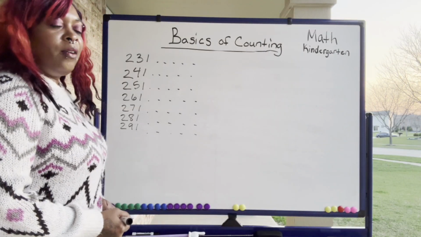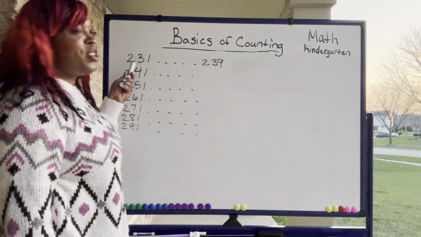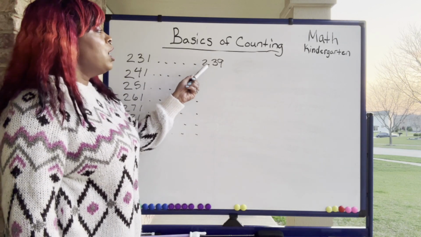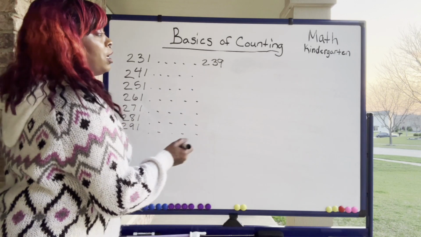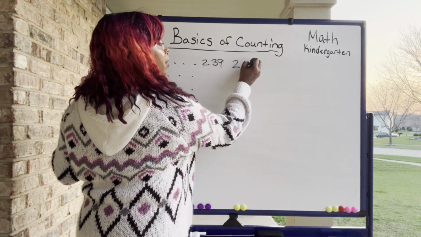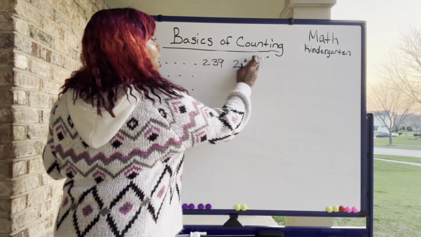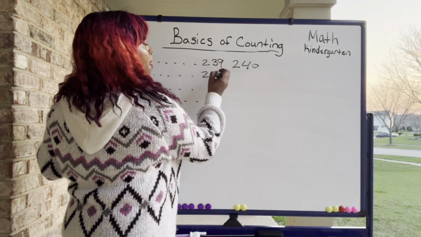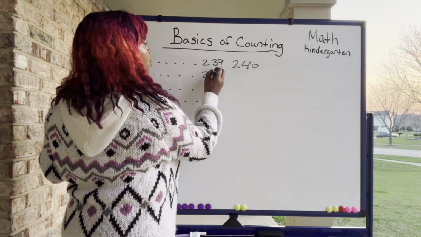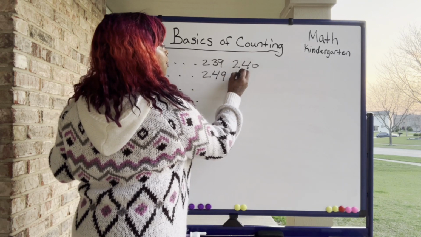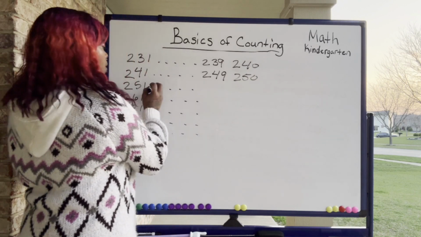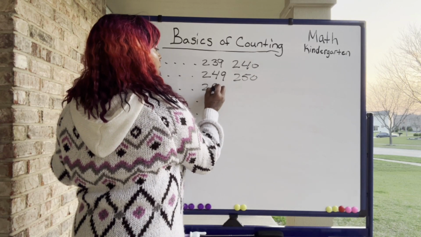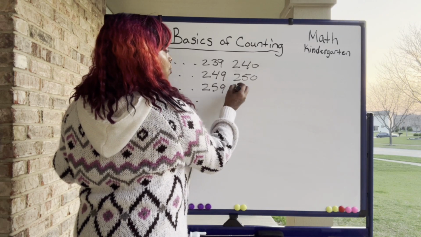Okay, so our patterns here. 231, 232, 233, 234, 235, 236, 237, 238, 239, after 39 is 240. And then 241 through 249, 250. 251 through 259, 260.